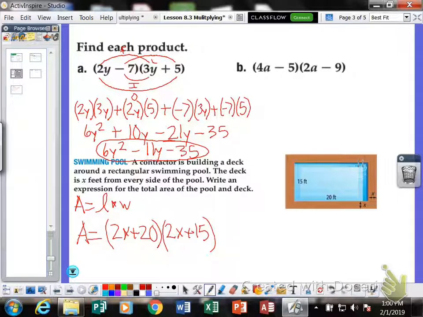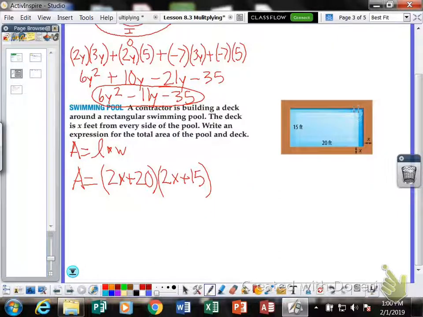And now we solve. We're going to solve using the FOIL method. So I have my first terms, 2x times 2x is 4x squared.